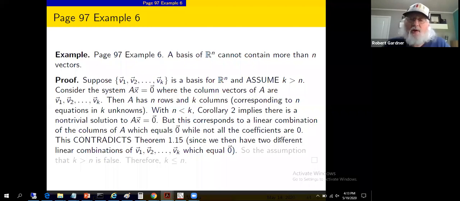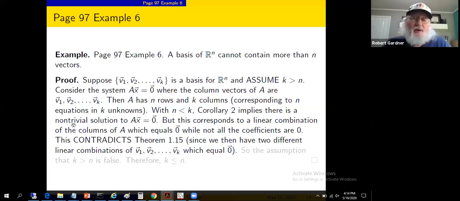Non-trivial means not all the coefficients are 0. And of course, we could also write the 0 vector as a linear combination of these where all the coefficients are 0. Well, duh. But we can also do it using this non-trivial solution from corollary 2.